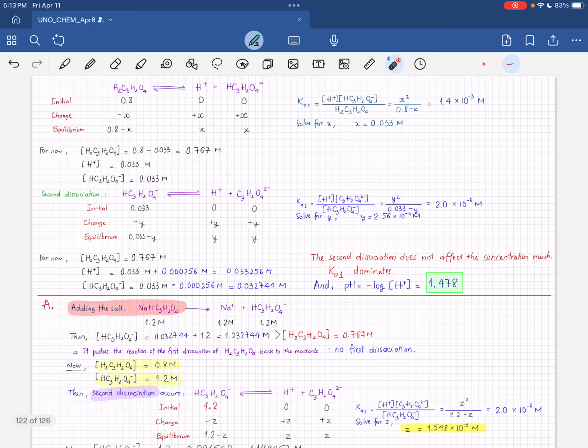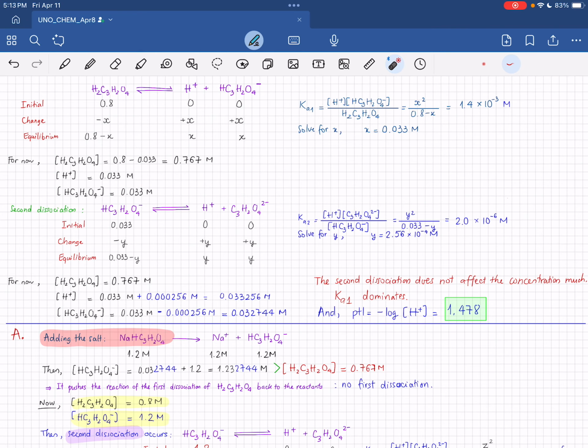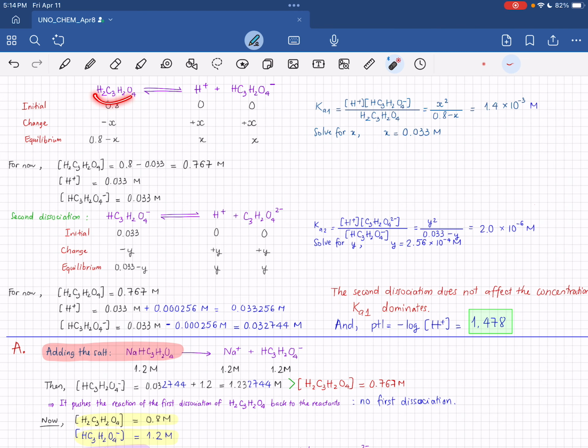Here first, we look at the solution before adding the salt. So this is everything in the solution of the acid before adding the salt. First we have a concentration of the acid of 0.8, and then it can dissociate into a proton and a hydrogen malonate group, with a change of x, right?